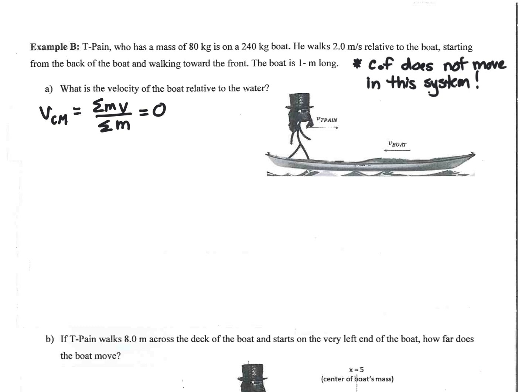Okay, so we know that 0 is the velocity of the center of mass. So what is the velocity of the center of mass? The sum of the mass times velocity would be the mass of T-Pain times the velocity of T-Pain plus the mass of the boat times the velocity of the boat, divided by the sum of the mass of T-Pain and the mass of the boat. Okay, so now let's see if we can solve for the velocity of the boat.